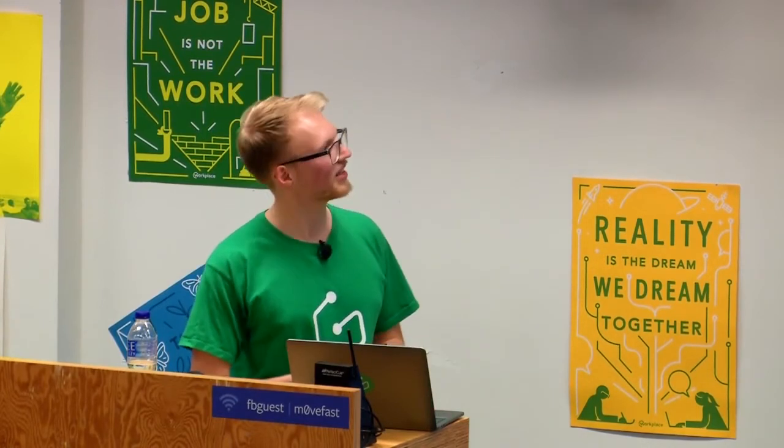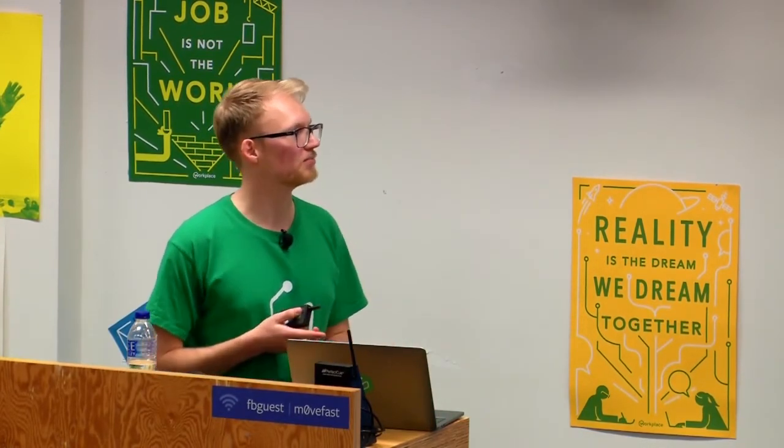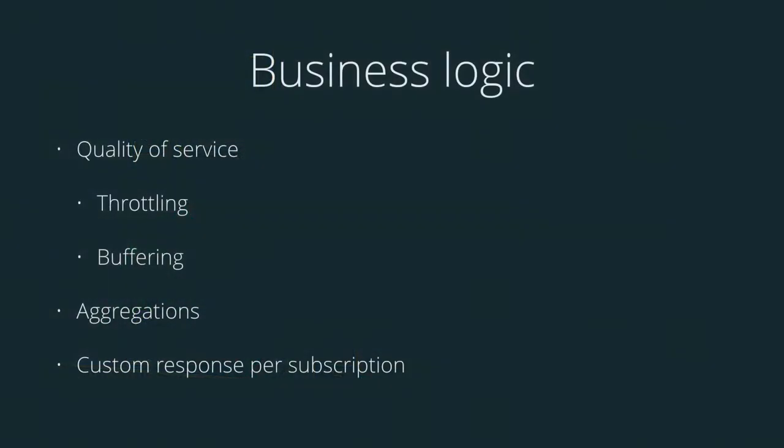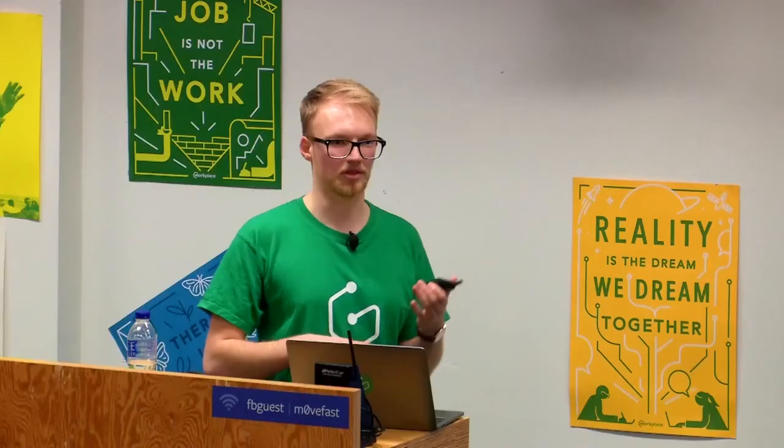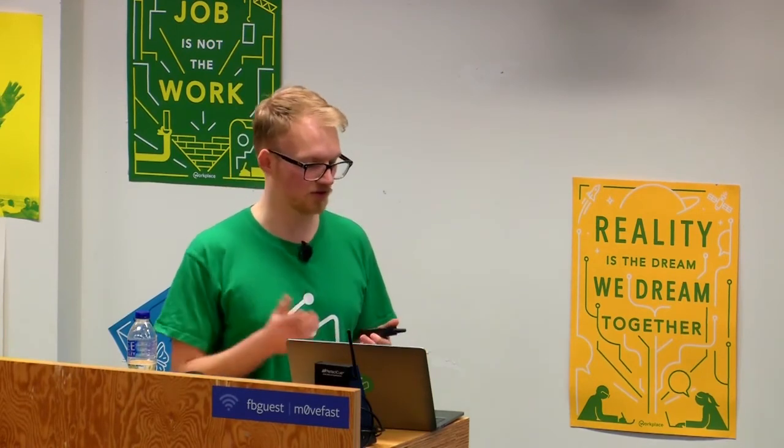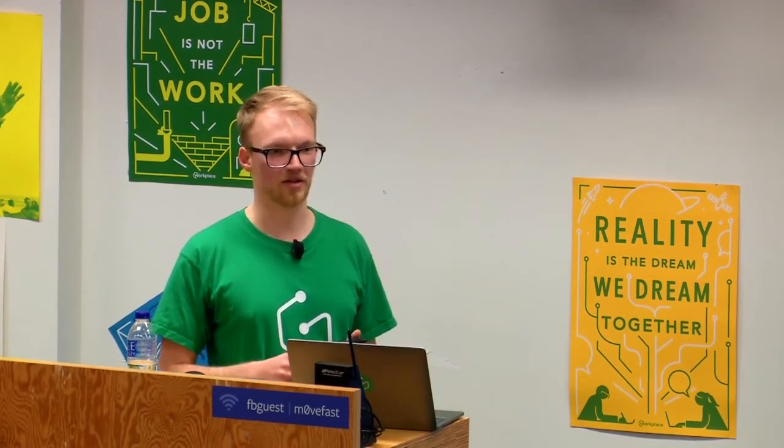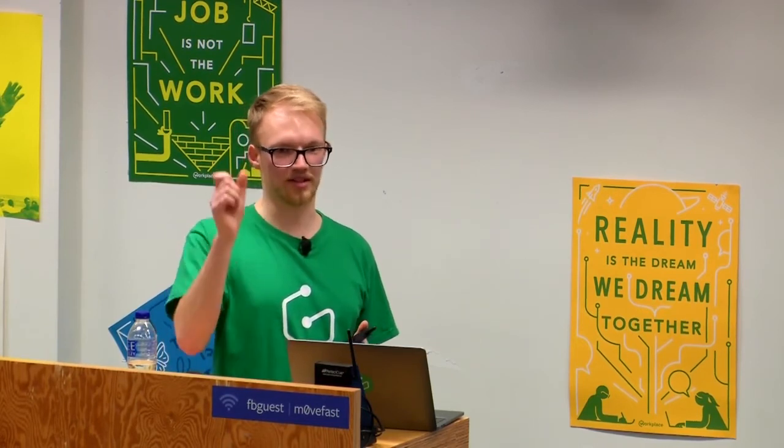Right. So my last slide is about the server-side business logic. There are a couple of things you might want to think about. When you're talking about Facebook scale events, it's not just the simple chat application here where you can assume there might be like 50 users and they're not creating too many new events. But if Justin Bieber posts an image and there are suddenly tens of thousands of comments and likes flying in, you don't want to send a single event to the client all the time.